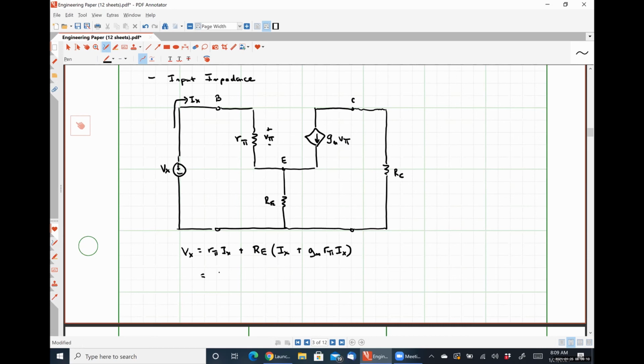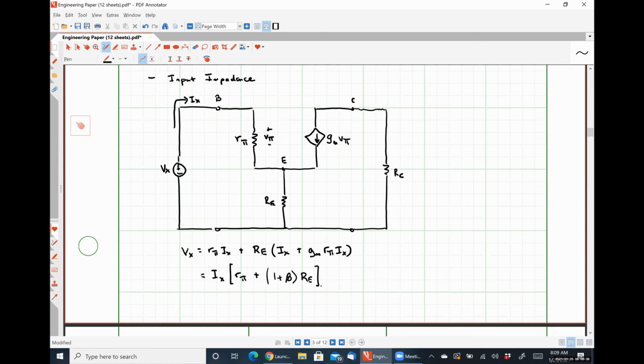And so from this, I get Vx divided by Ix equals r_pi plus, with gm r_pi being beta, 1 plus beta times RE.